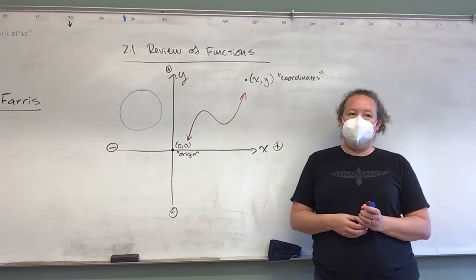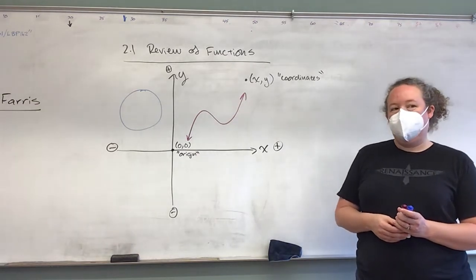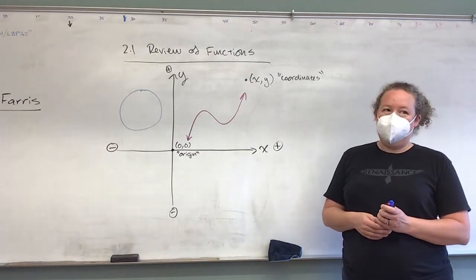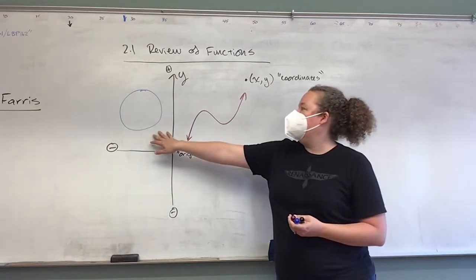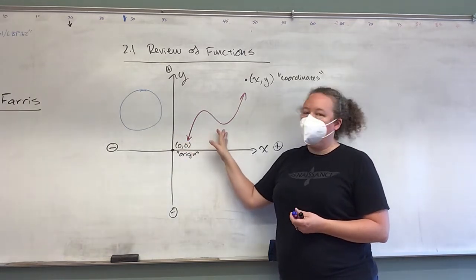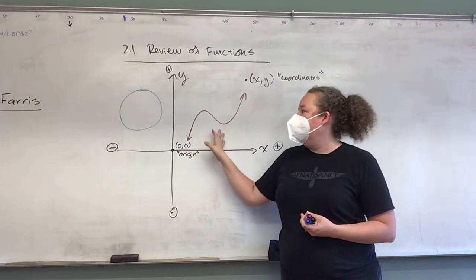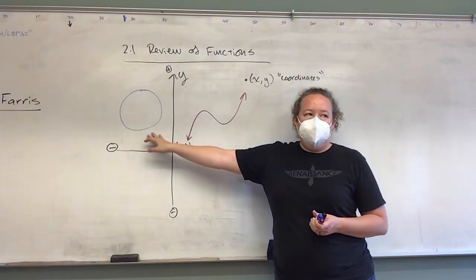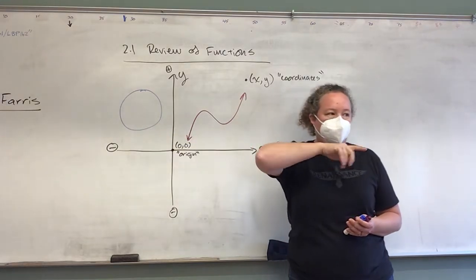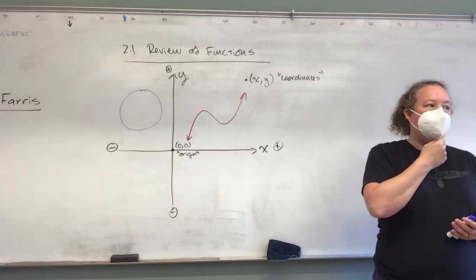Because why? Well, I think that one is legitimate. I just don't think the circle is. Okay, so we have a question. Maroon looks like a legitimate graph. Blue doesn't. Lily? Because there are multiple outputs for one input.